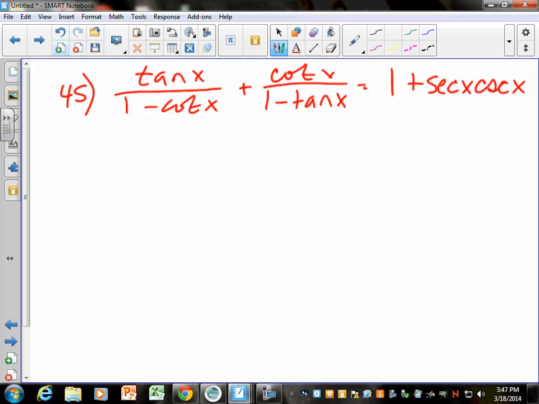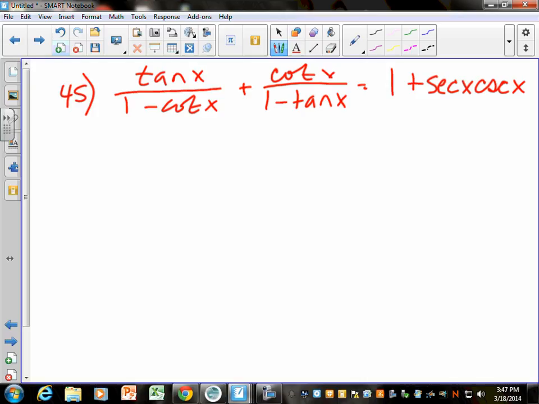Right, I think that's 45. When I first started this, I tried to just get a common denominator, just like I did with 36, because I saw fractions, and I thought that's the way I need to do this. But I didn't really get anywhere. I got a big mess, and nothing canceled out, and nothing went together.